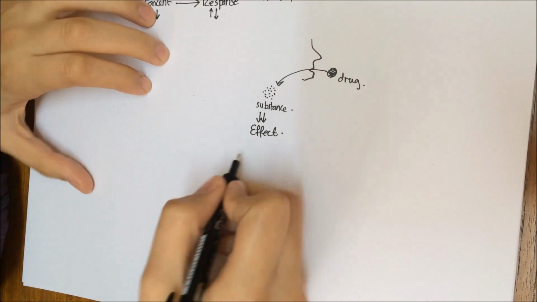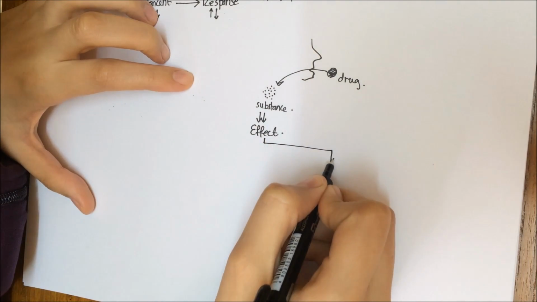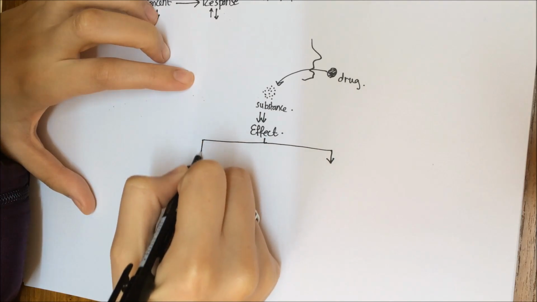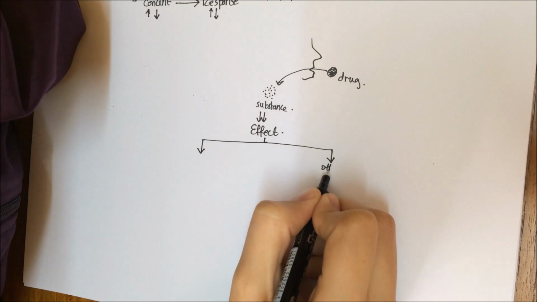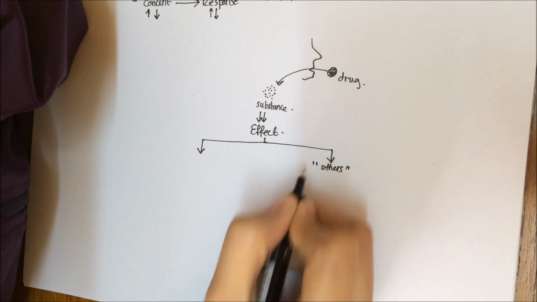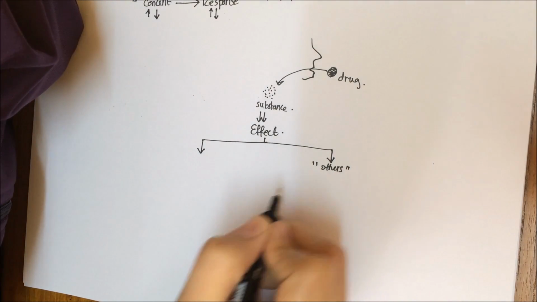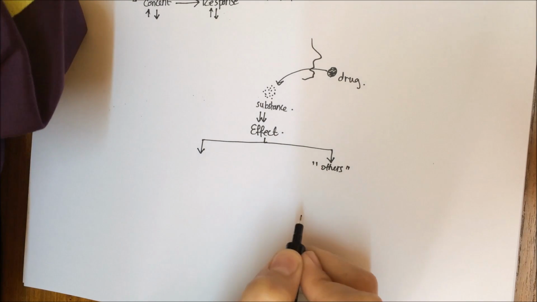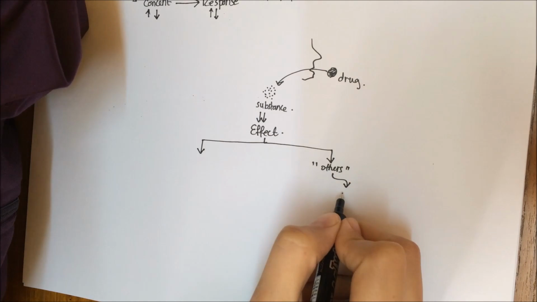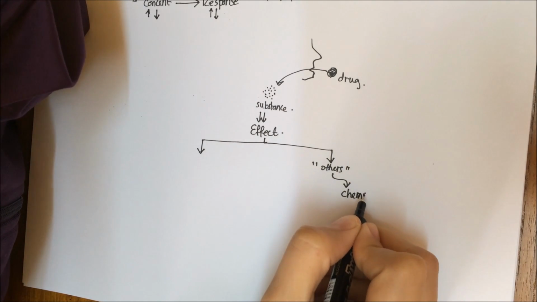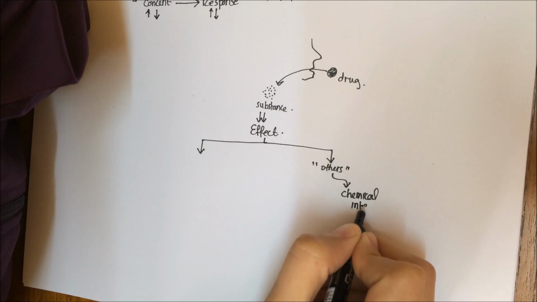This effect of the drug is there by two ways, okay? The first one is what we call the other category. It contains many possible ways, and I will take just one example of it. It is, for example, the chemical interactions.